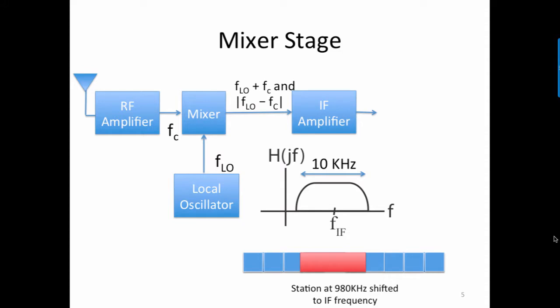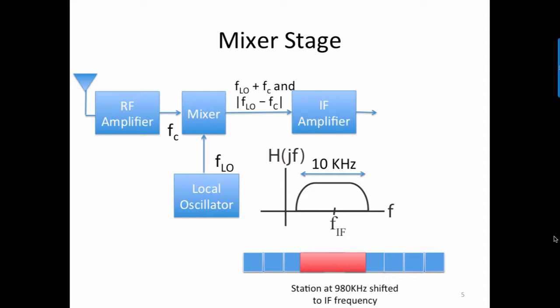The output signals from the mixer, with its sum and difference frequencies, enter the IF amplifier. The key of the superheterodyne receiver is to set the local oscillator so that the desired frequency at FC is shifted via the mixing process to end up at FIF.